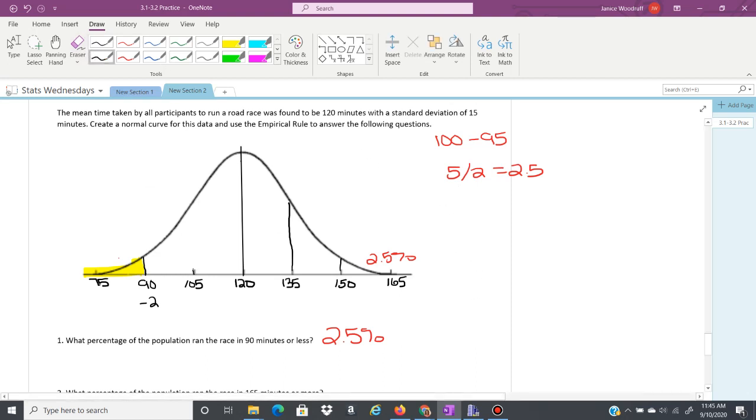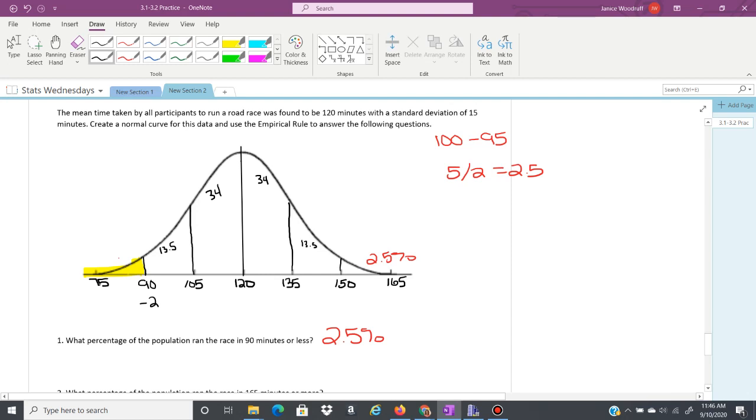Okay, and another thing that you could do to help with this is the chart the way we had it. So remember, you had 68% was 1 standard deviation, which you split into 2, which is 34 and 34. Then you had the 95% that was 95 minus 68, and then divided by 2, so that was 13.5 and 13.5.